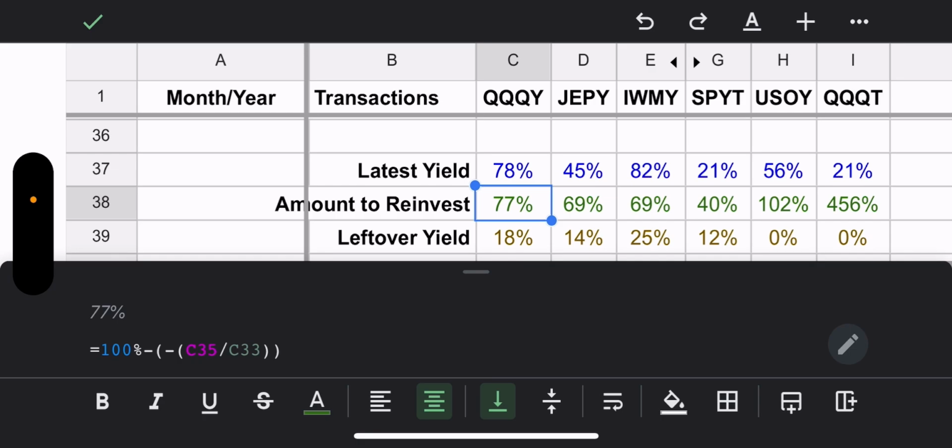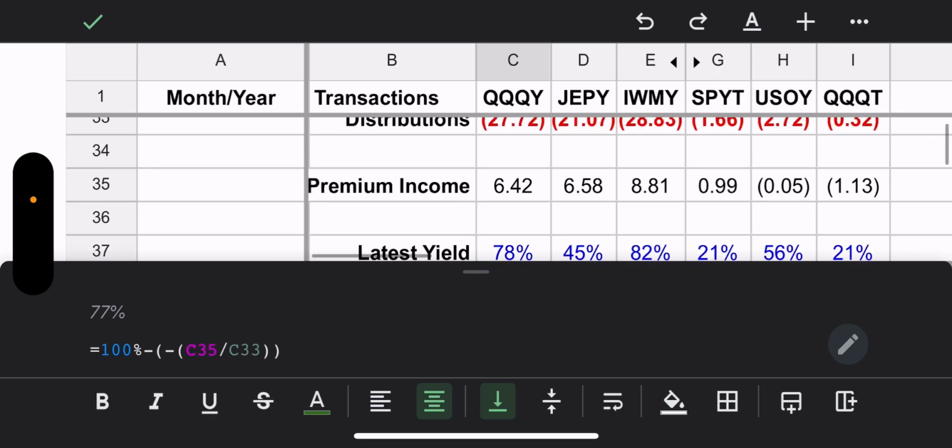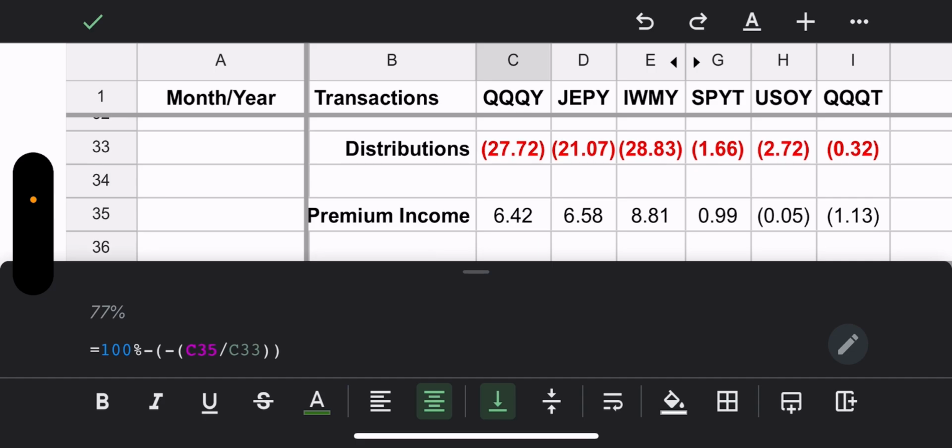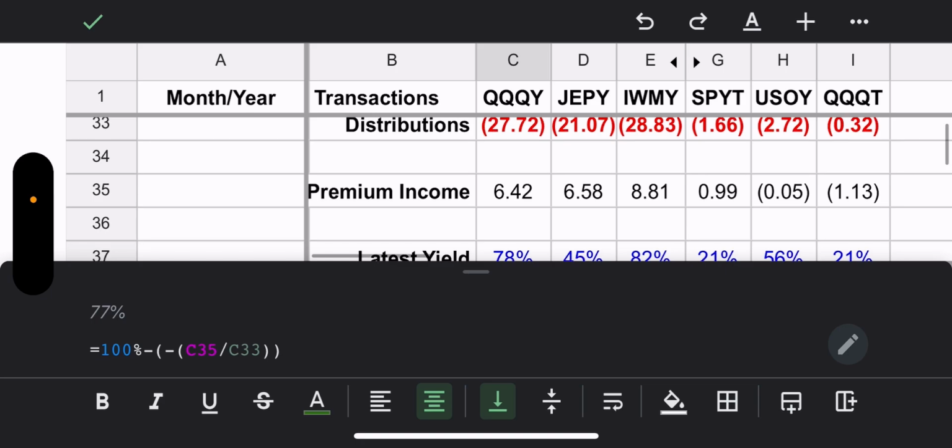C35 divided by C33. C35 is premium income, C33 is distribution, okay? So it's basically dividing the premium that they actually made, taking out the distributions, and then dividing it by the distribution. So it's how much of the premium made, how much did that make up of the distribution, right?